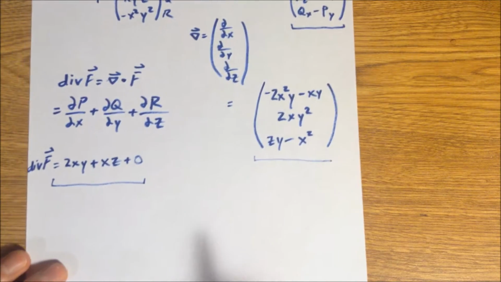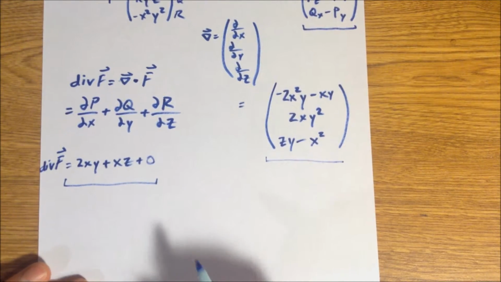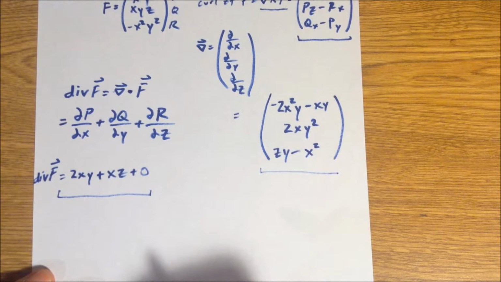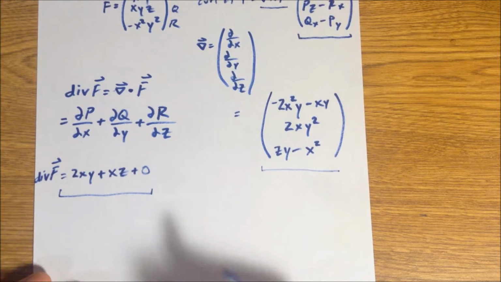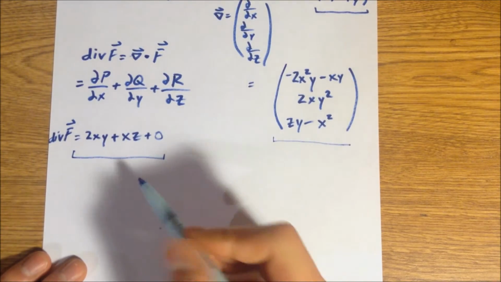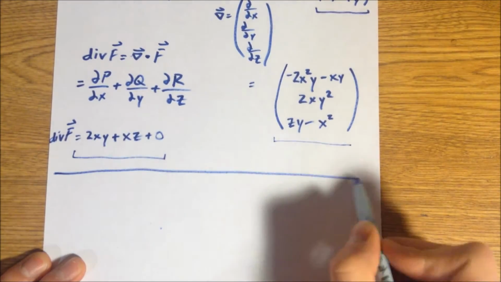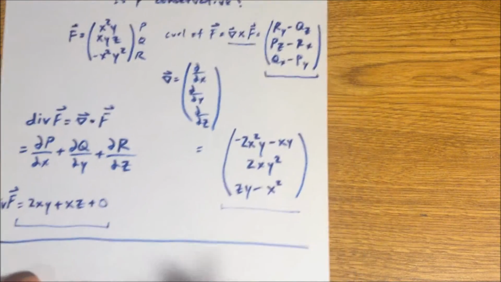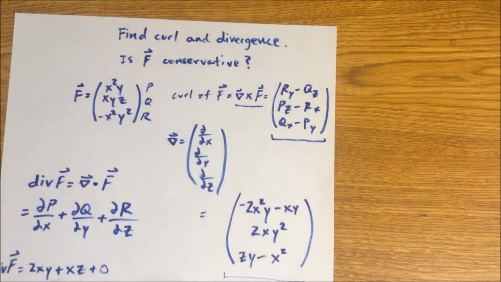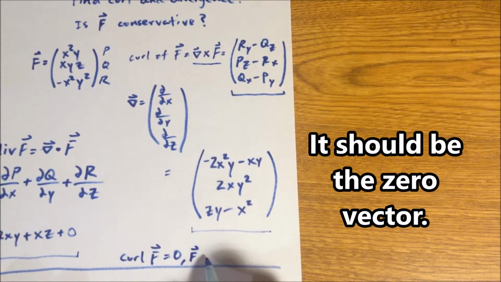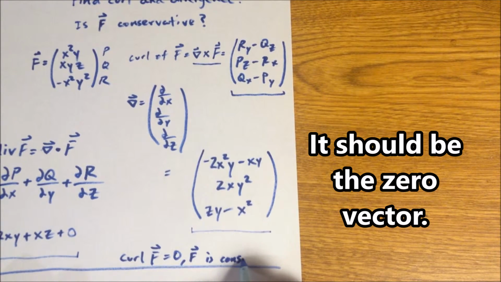Another quick tidbit about curl and divergence is that the divergence of curl is always 0. Now, answer this question: is F conservative? If curl of F equals 0, then F is conservative.